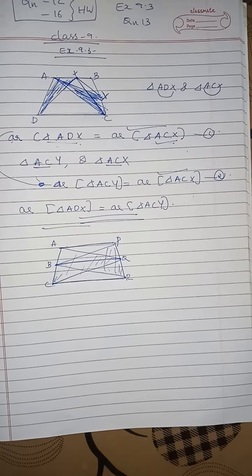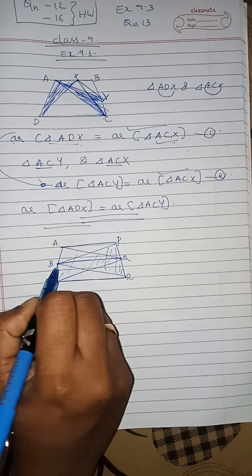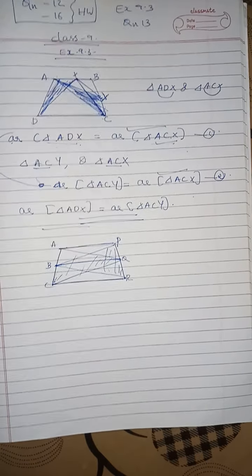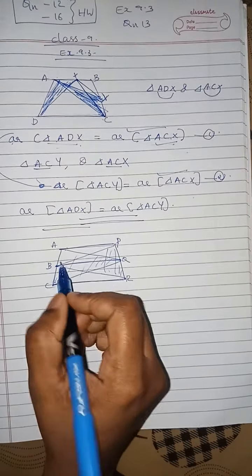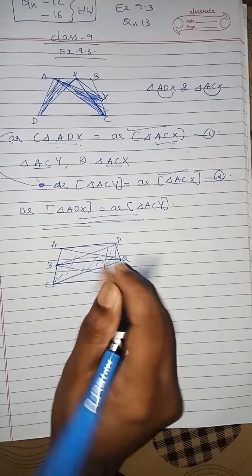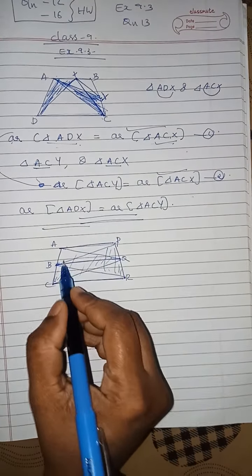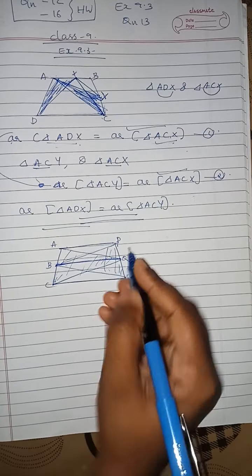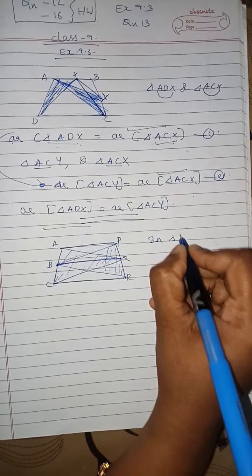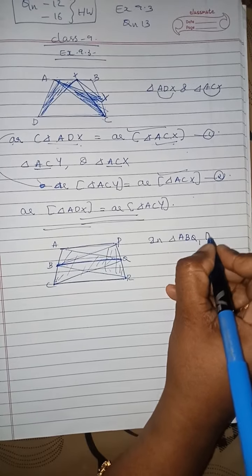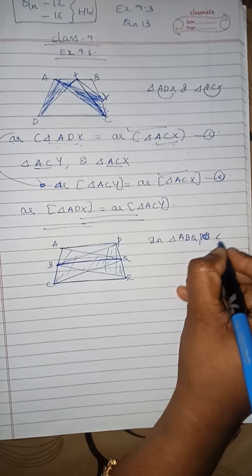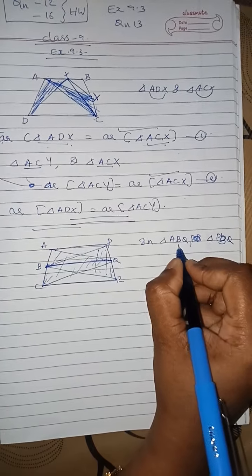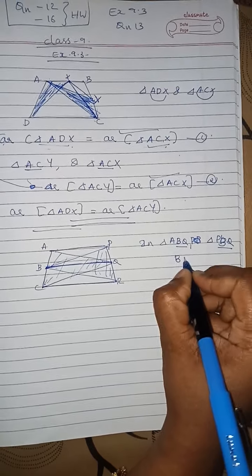So I am taking triangle ABQ and triangle PBQ, this portion only. These two triangles have the same base BQ, correct?